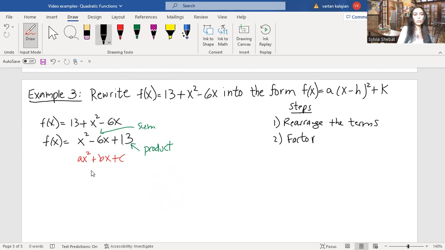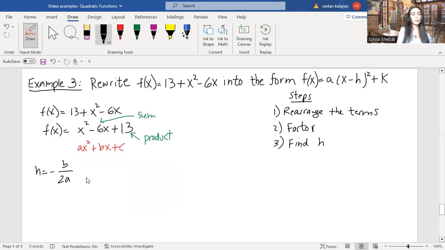So the way I'm going to show you is that we could actually use the formula to find the vertex, to find the h, or the x coordinate of the vertex. h equals negative b over 2a. So we can plug in these values and find h. So that will be step 3. Find h. Just plug in the b and the a.